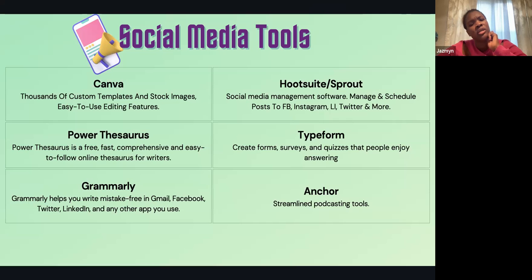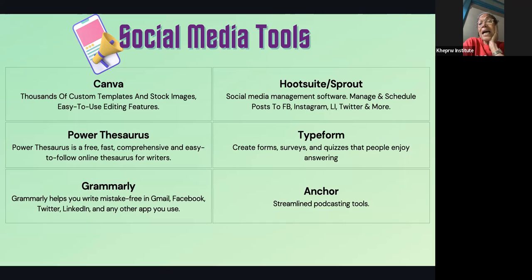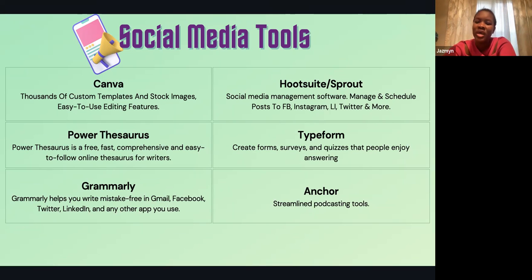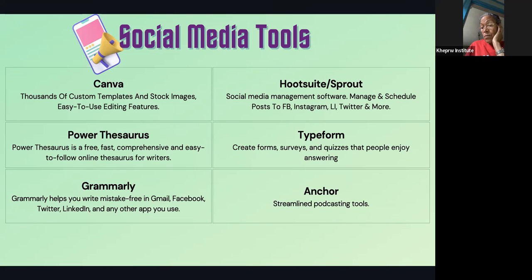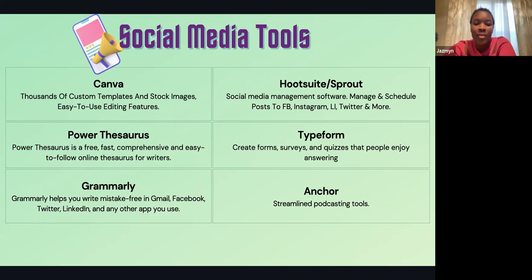Well, I think I said Power Thesaurus to find a word instead. Yeah. If you're looking for a better word to say what you're trying to say, then it is Power Thesaurus. But Grammarly is mostly grammar mistakes that you have in your writing. It could be a misspelled word, it could be punctuation and things like that.